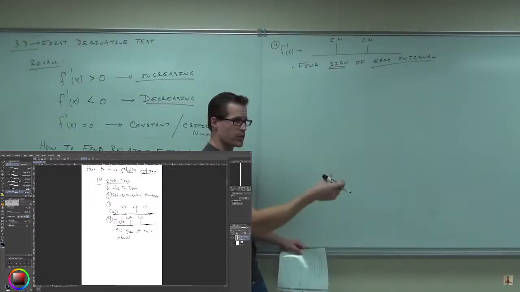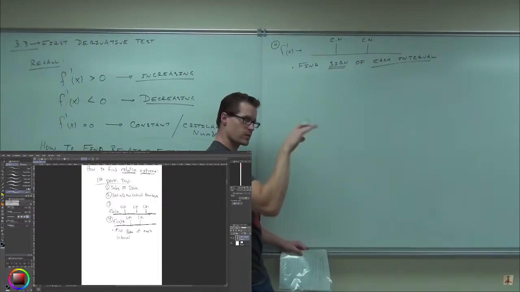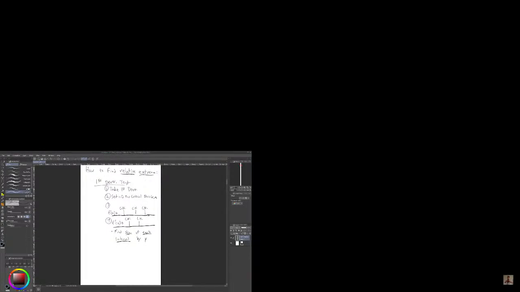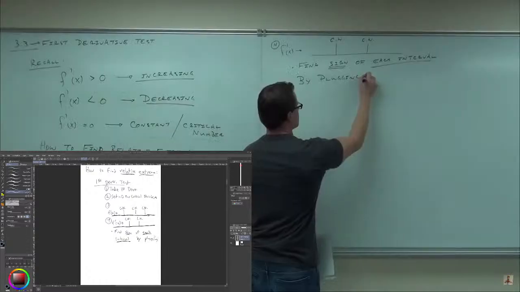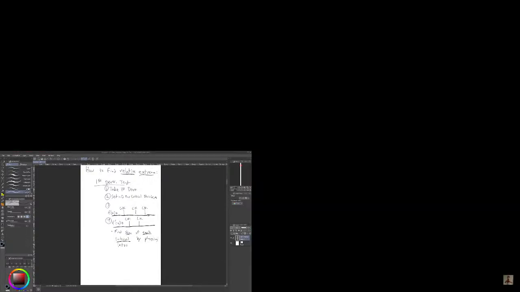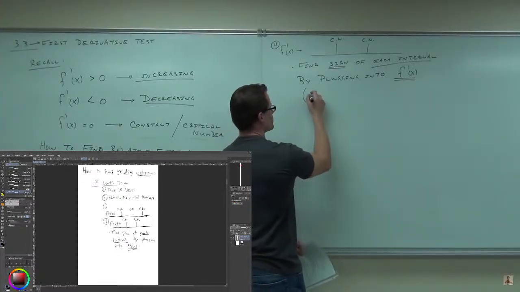Not f of x, that'll give you points. We want slopes. Why? Because this will tell you increasing or decreasing. That's what we're looking for. Some of you are zoning out. You got to be with me on this stuff. Because this tells you increasing, decreasing.